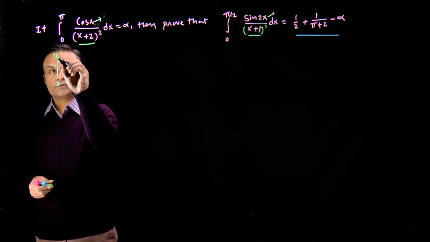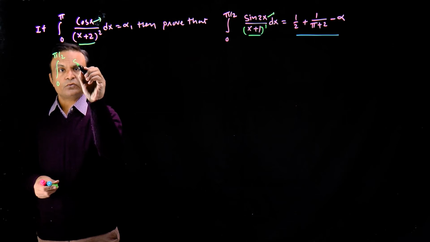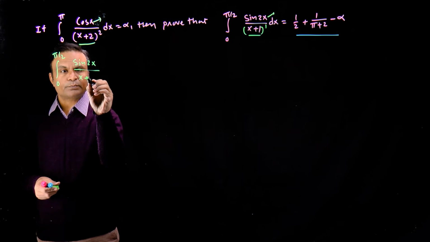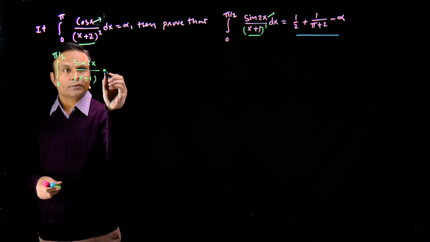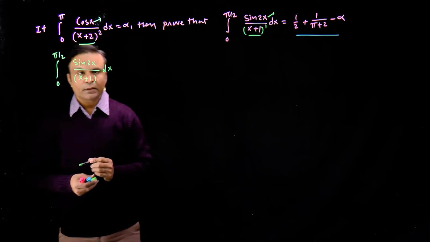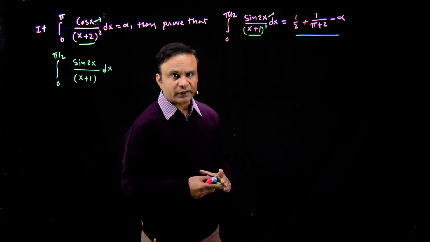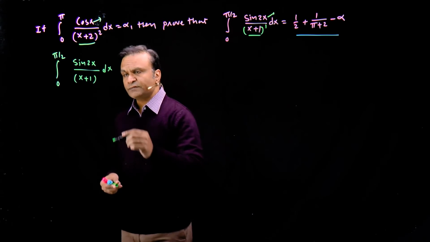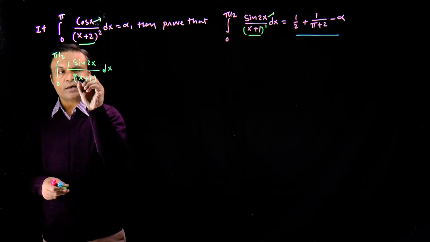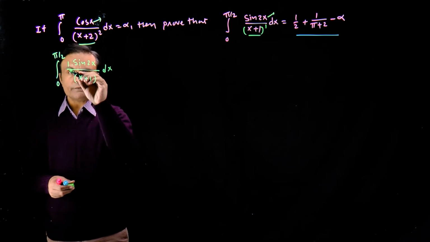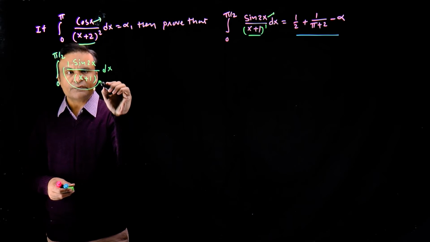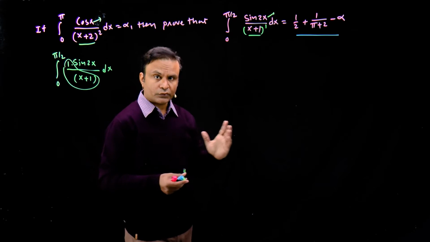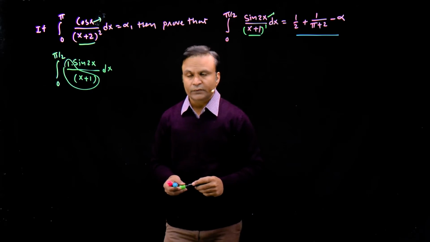We have the integral from 0 to pi by 2 of sin 2x upon x plus 1. What will be the first function, the one we will differentiate? Straight away the first function will be 1 upon x plus 1, because if I differentiate this function I will get 1 upon the square of linear.